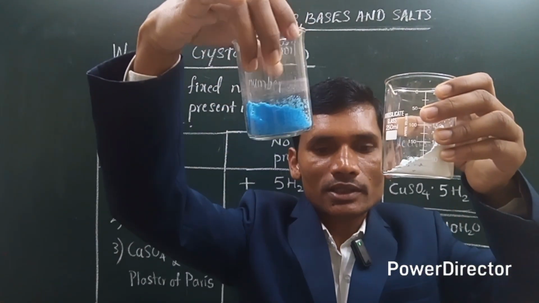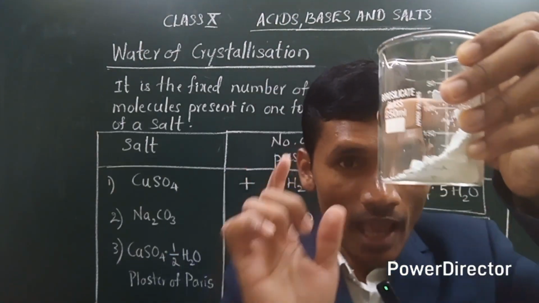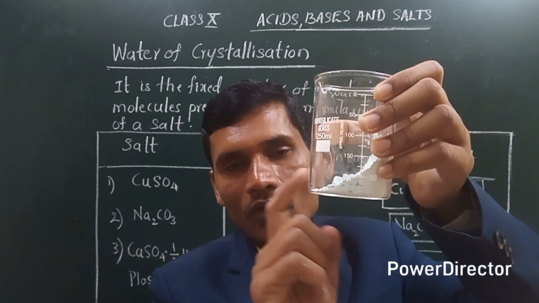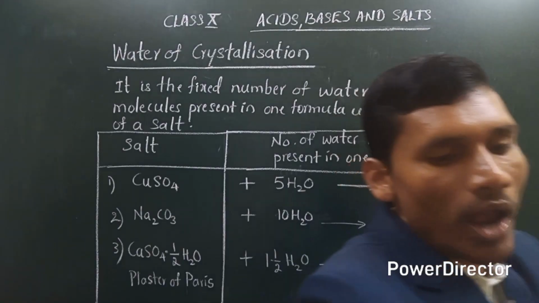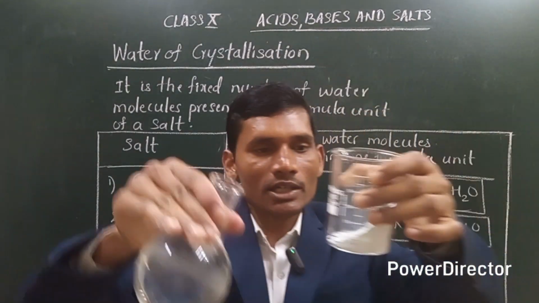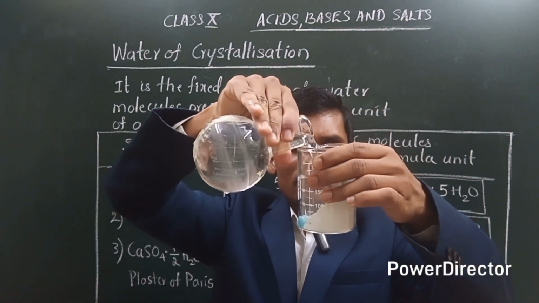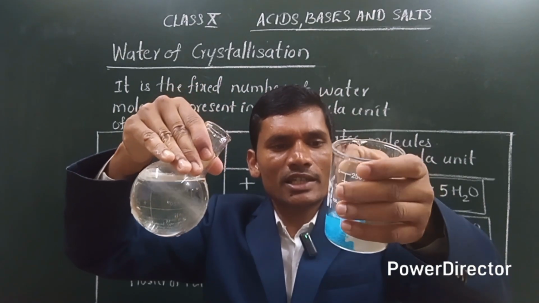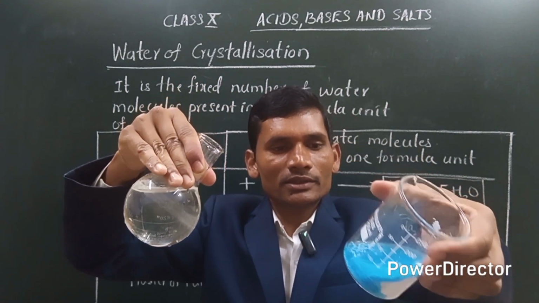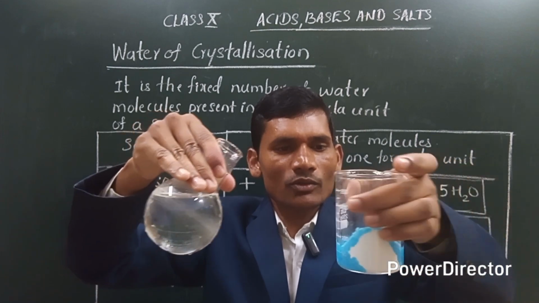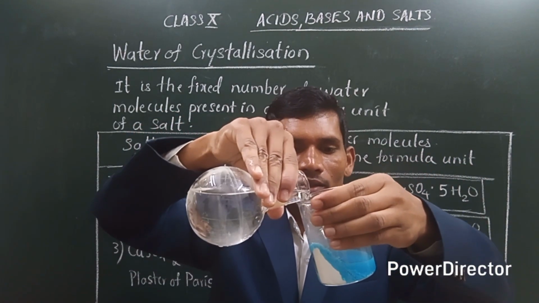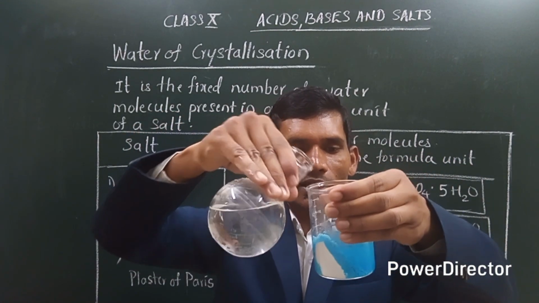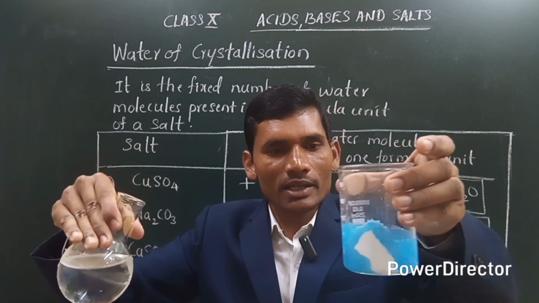Look at this color. This is anhydrous, it does not contain any water of crystallization. If we add water to this, let us check what color it changes to now. Look at this, it is changing to blue color or not? Again, we are giving water of crystallization to this, so that is why it is changing to blue color, right?